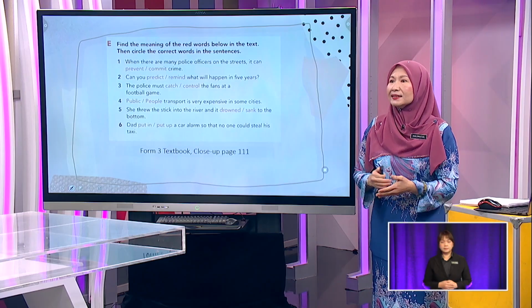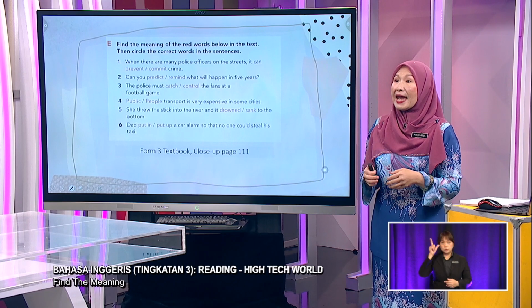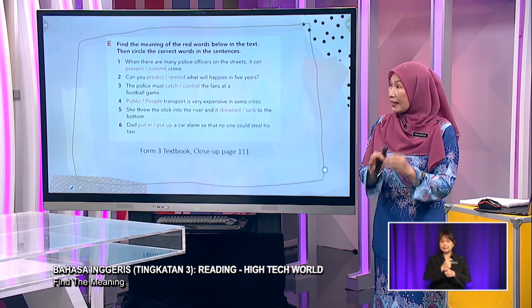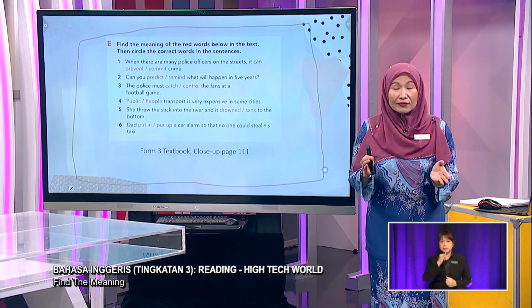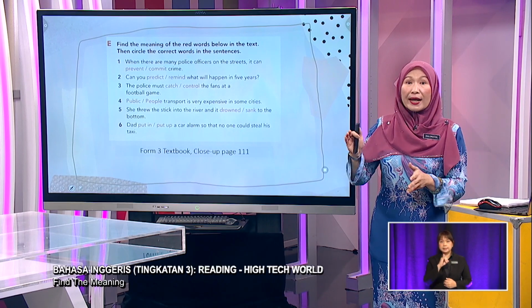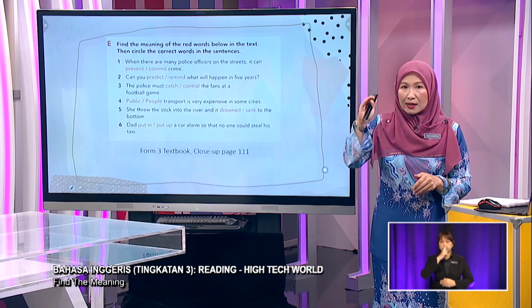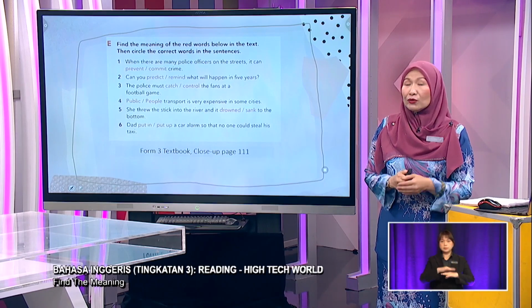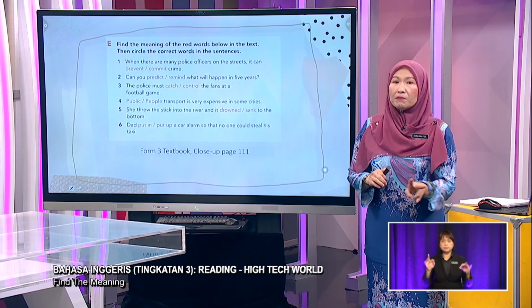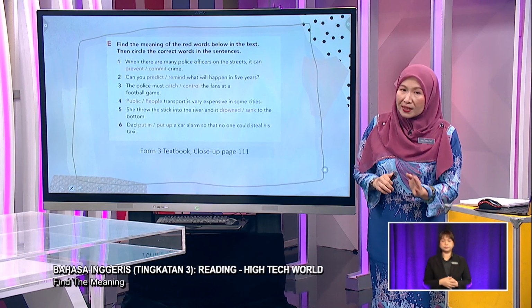We are almost at the end of the lesson for today, and let's go directly into the last task, which is looking at meanings. They are going to find out the meanings of the red words in the 6 sentences there. Two options are given. They are going to read the sentences.